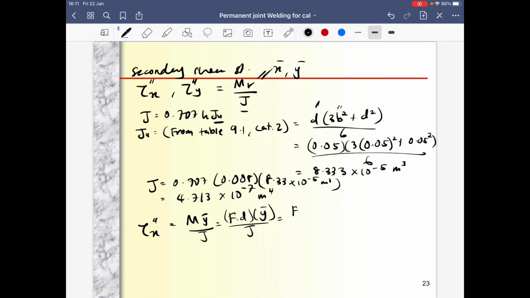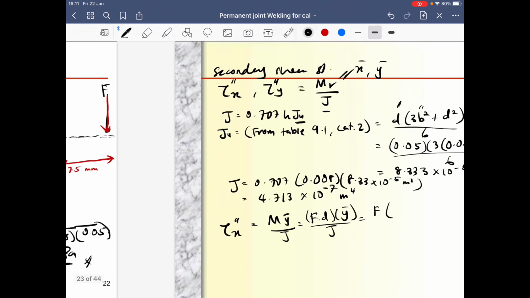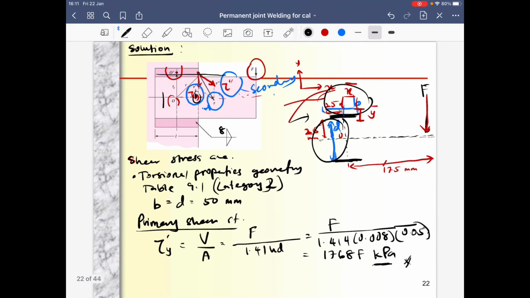So F, we don't know the F. Distance. What is the distance from the force to the centroid of the fillet? So definitely it is 175 mm.